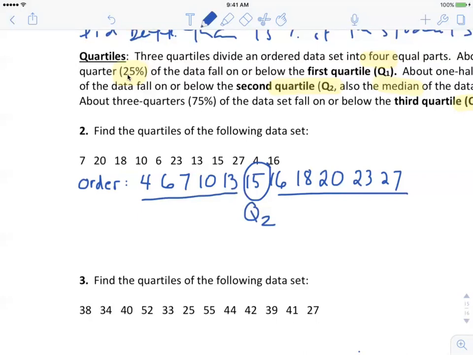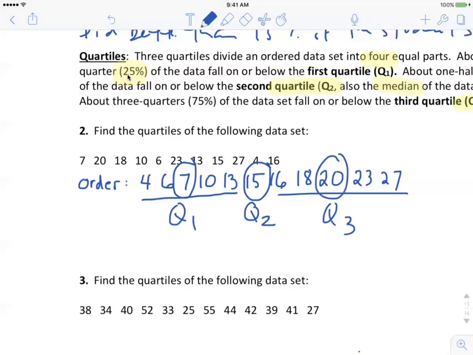There's a middle one, it's the 7, because there are 2 to the left and 2 to the right. That's Q1. Then do the same thing for the upper half. 20 has 2 numbers to the left and 2 numbers to the right. That's your Q3. So there's finding quartiles.